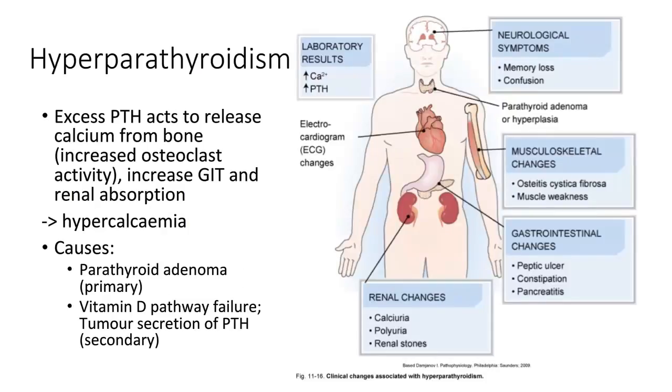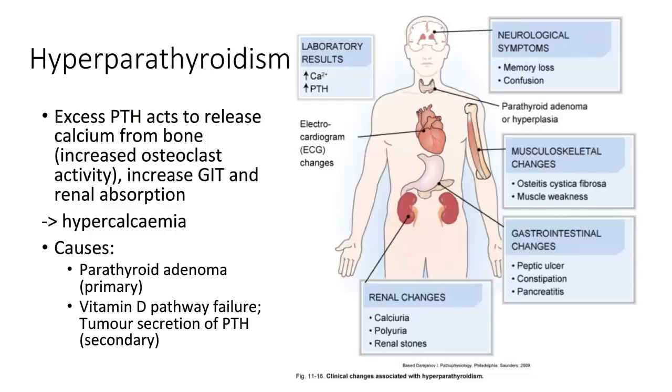So this is a diagram of what's happening in hyperparathyroidism that's leading to hypercalcemia, and you can see some of the results here, the increased calcium ion and the increased PTH. We see changes on the ECG trace. We will see musculoskeletal changes. We will see muscle weakness because of its role in the cross-bridge formation.